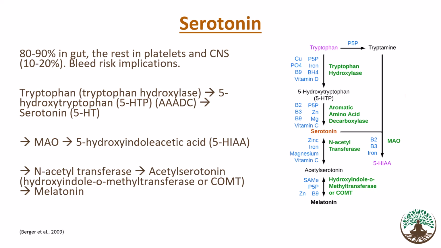Serotonin can be converted into the metabolic byproduct 5-hydroxyindoleacetic acid, or 5-HIAA, by monoamine oxidase. Alternatively, serotonin can be converted into acetylserotonin by N-acetyltransferase. This is then converted by hydroxyindole O-methyltransferase, or COMT, into melatonin.